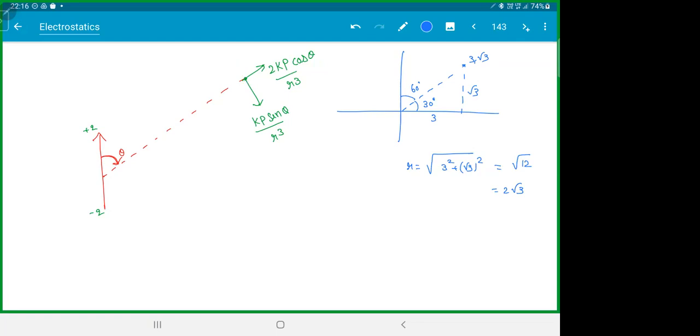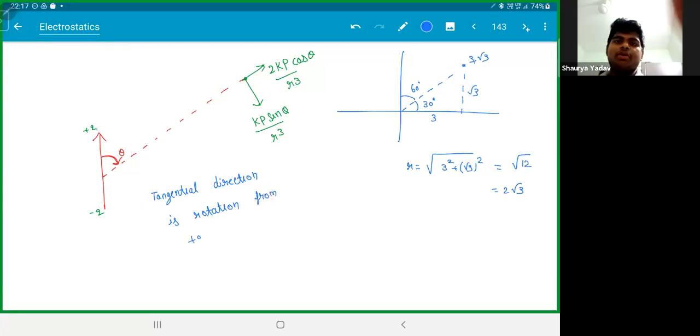The tangential component is in the direction of theta rotation. Theta rotation goes from plus to minus q. So tangential direction is plus q to minus q rotation. So always it is plus q to minus q in this question.